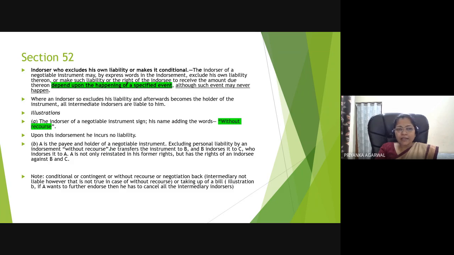Suppose A further wants to endorse it to me, Priyanka. In that case he has to cancel all the endorsements of the intermediaries before he received that instrument, that is B and C. That is what is called taking up a bill.